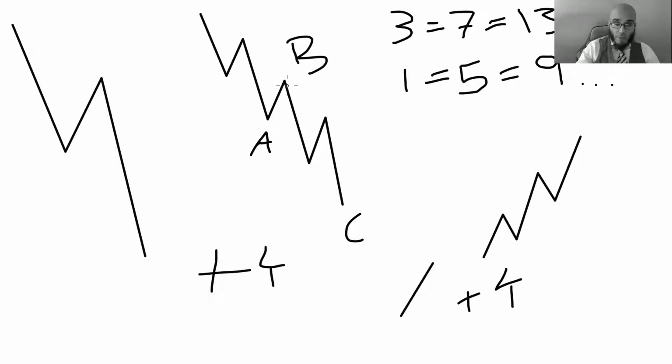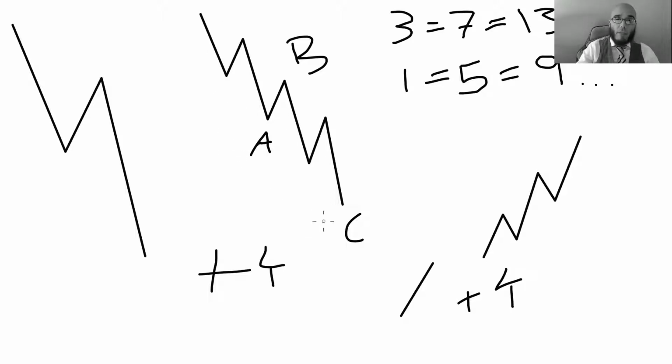Then you get the B wave, and then you get a C wave, which also subdivides into A, B, C. So the second pattern, you can see it as a simple zigzag, or you could call it a double zigzag, because it's composed of an ABC, like the first pattern, then a corrective X wave, then again an ABC. So you could easily call it a double zigzag.